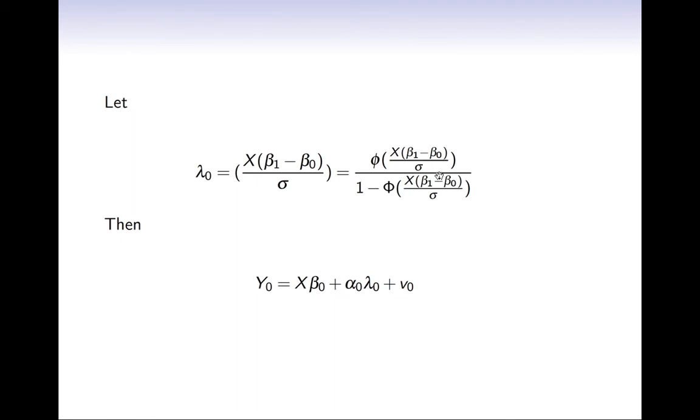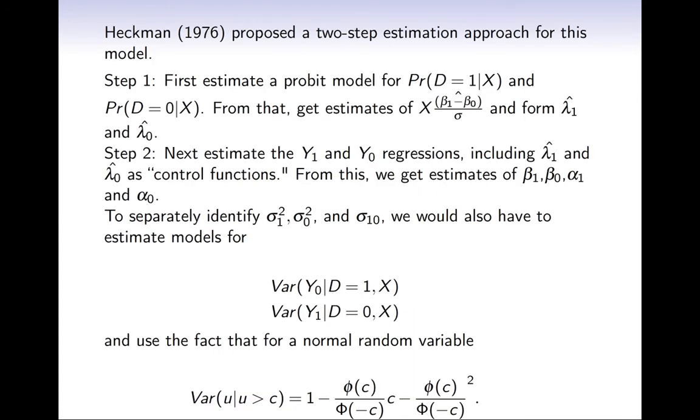and here's the equation we would estimate. Now notice this depends on this quantity, which is unknown, but we can get this quantity from the probit estimation. So here's a two-step estimation approach. First, you estimate a probit model using only data on which sector people are in.